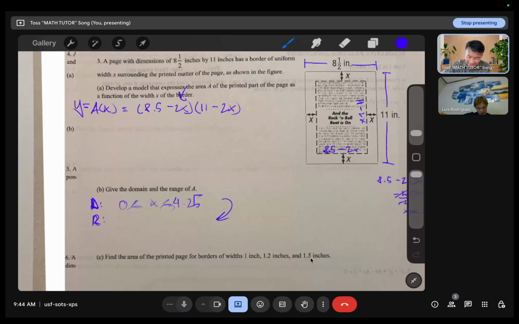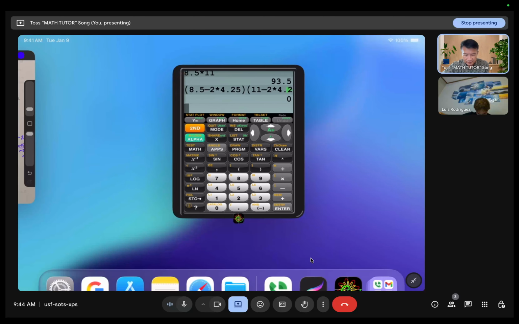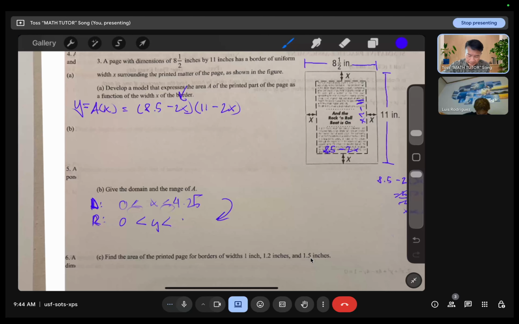Dang it. So here's the y between 0, not including, and whatever that number was, I forgot, 93.5. There it is. Now, you may want to put the units, if your teacher is going to be critical, the units like put on the side here, inches.